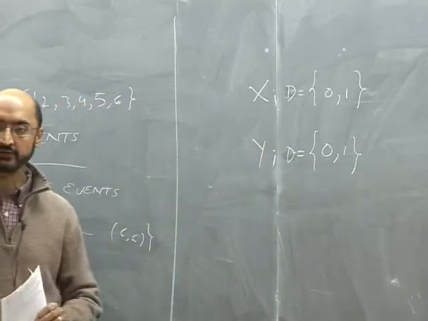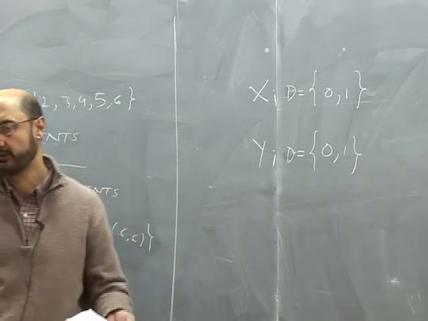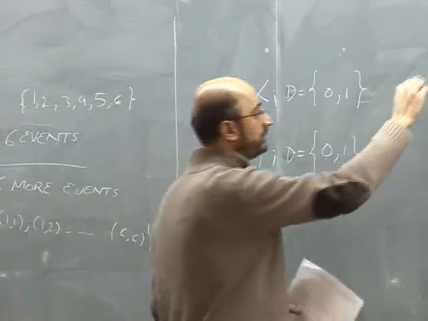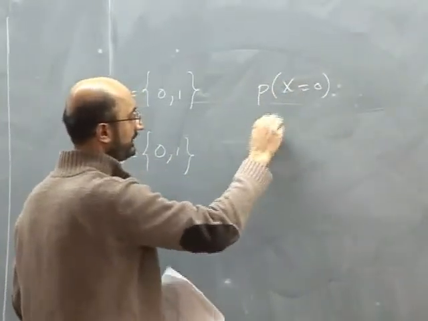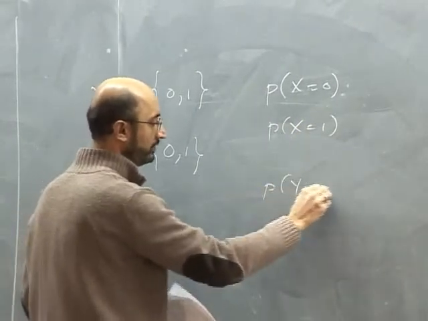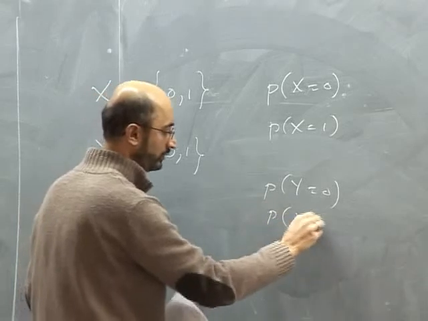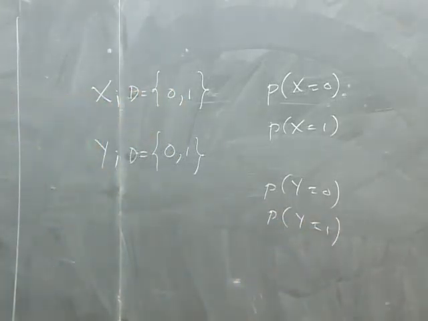Now, because of this, I can define the probability that X assumes every value in the domain. So we have probability P(X=0) and P(X=1), and we have probability P(Y=0) and P(Y=1). So these are obviously probabilities that I can define for each random variable X and Y. These are not events now, these are random variables.